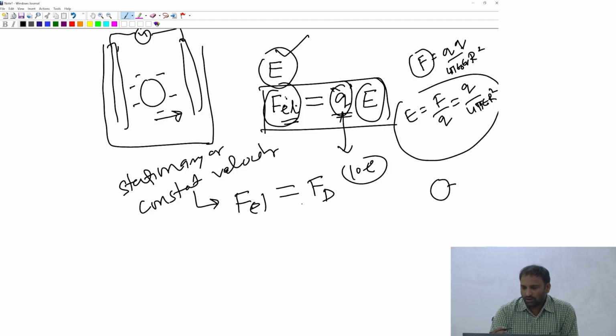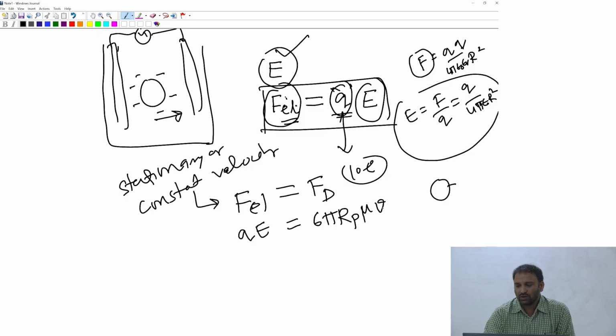Now, this F_EL is Q times E, and F_D is your 6 pi R_P times mu times some velocity v. That is the velocity with which the particles would move after that initial acceleration.